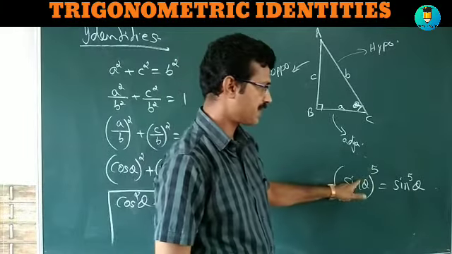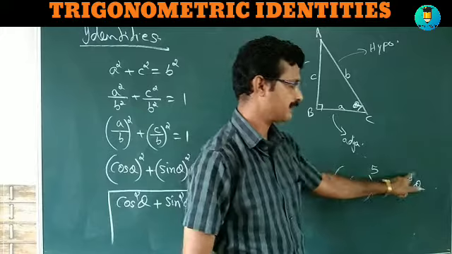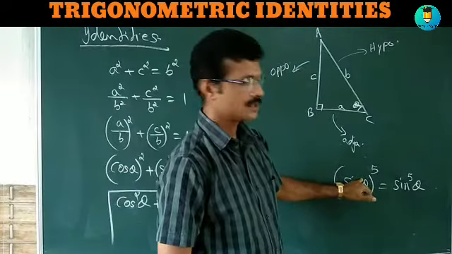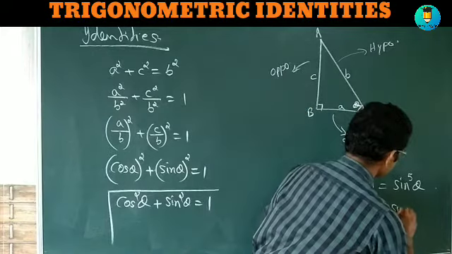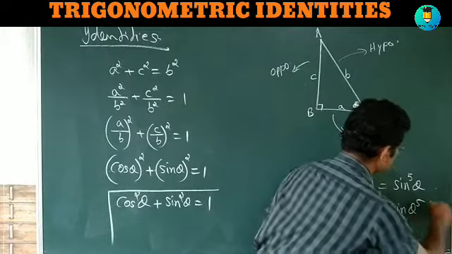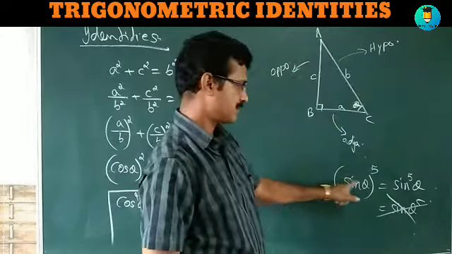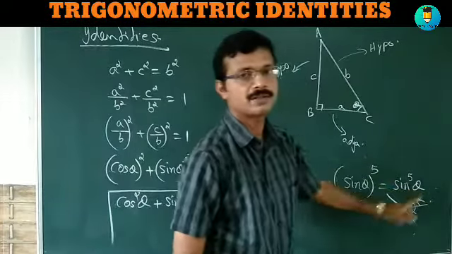This power is for the function. If you write sin theta to the power 5, it is totally different. This convention is wrong. Sin theta to the power 5 means sin to the power 5 theta.